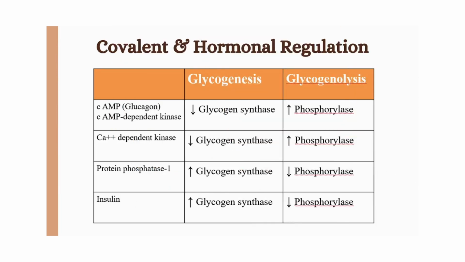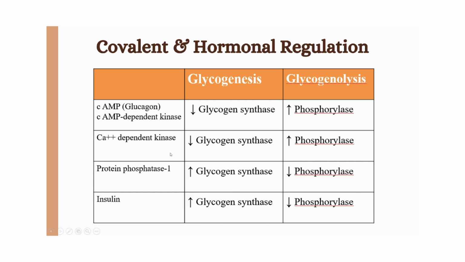And as for the covalent and hormonal regulation, cyclic AMP-dependent kinase will phosphorylate and inactivate glycogen synthase while it activates phosphorylase, so it will inhibit glycogenesis and stimulate glycogenolysis.